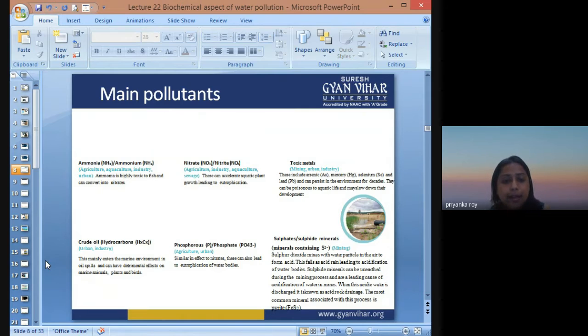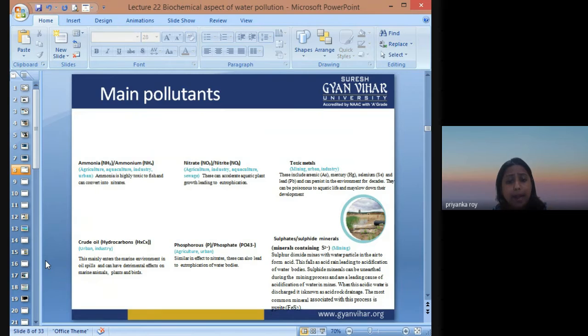So, crude oil mainly enters the marine environment in the form of oil spills, and an oil spill can happen while drilling an oil pipe or mining pipe into the oceanic floor, and trying to extract the oil from that oceanic basin.